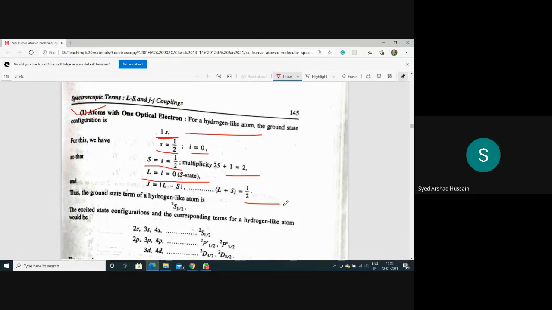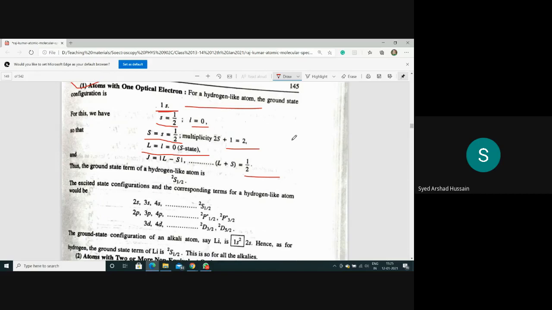So you will have your term as 2S plus 1, L, J. This is your spectroscopic term. This is the multiplicity, this is your resultant orbital angular momentum, and this is your resultant total angular momentum.